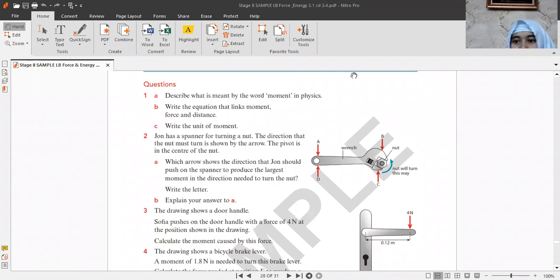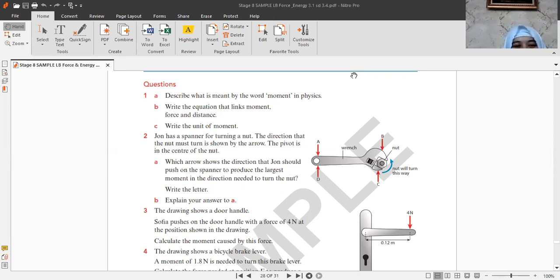Thank you so much. I think your answer is based on the materials, yeah, based on the ebook. Describe what is meant by the word moment in physics. Ya. Jadi kita disuruh mendeskripsikan momen itu di dalam fisika itu apa sih? Gitu.